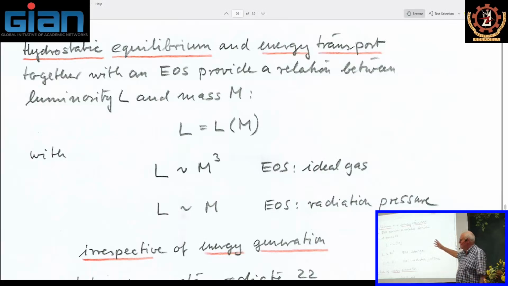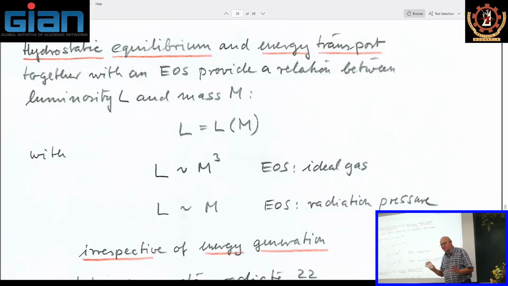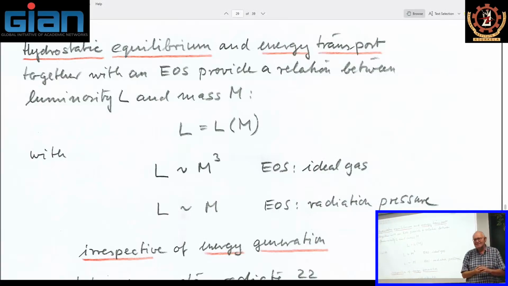You have a gradient of pressure. Pressure must be higher inside. If the pressure only depends on temperature, you automatically have a temperature gradient. Temperature has to rise from the surface to the center. In the case of ideal gases, you might argue that the density increase would be sufficient. It is actually not sufficient. That also leads to an increase of the temperature.